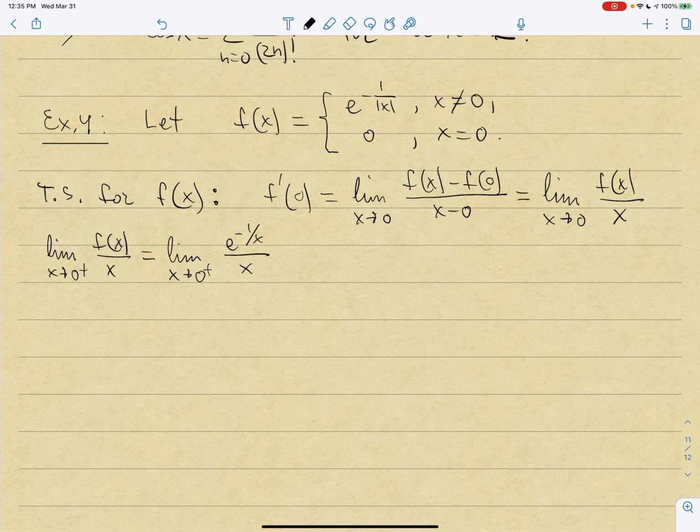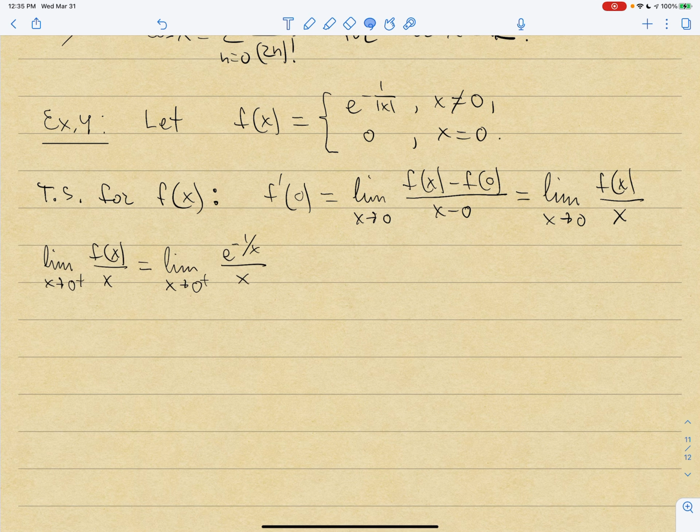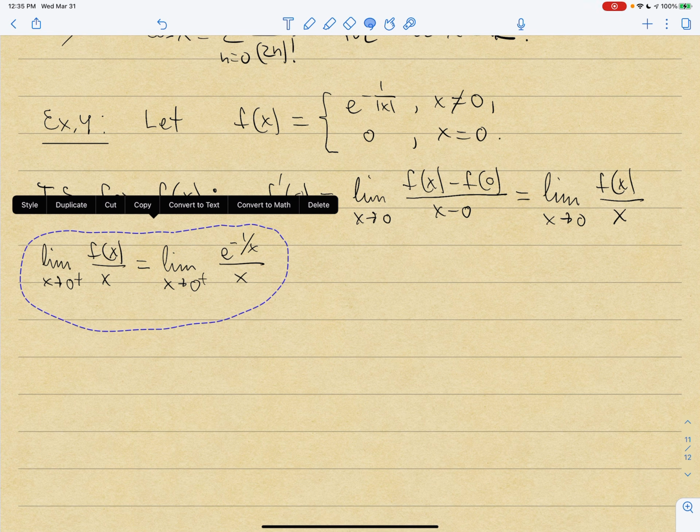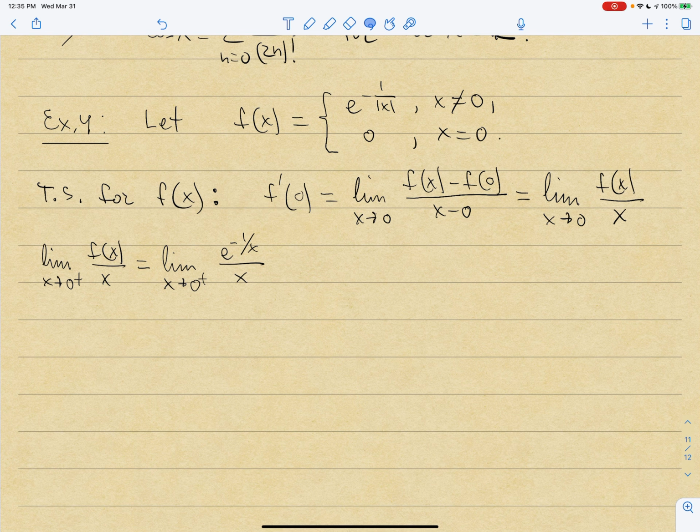Now, what is this limit? If I look at it carefully, as x goes to 0, the denominator, of course, goes to 0. But also, as x goes to 0 plus, from the right, 1 over x goes to infinity, so e to the power minus 1 over x goes to 0.